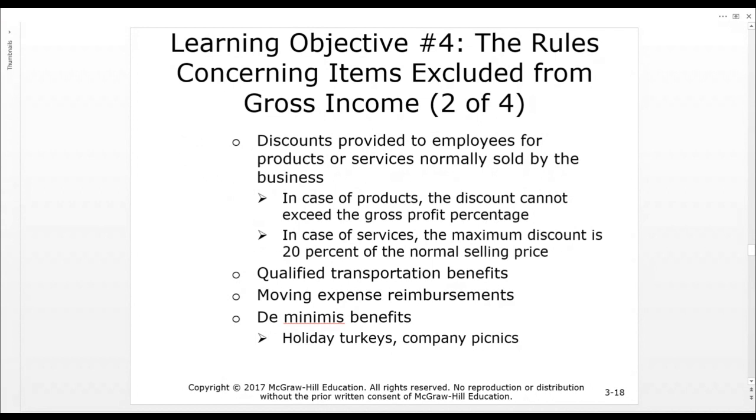So remember, with some jobs, they may say, we want you so bad to move here, we're going to give you money for moving expenses. The maximum rate that they can give you without you being taxed is $2,000. Anything over $2,000, you have to pay taxes on for your moving expenses.